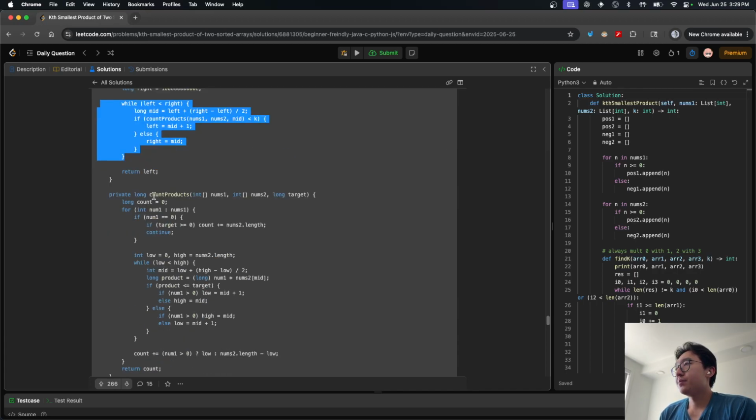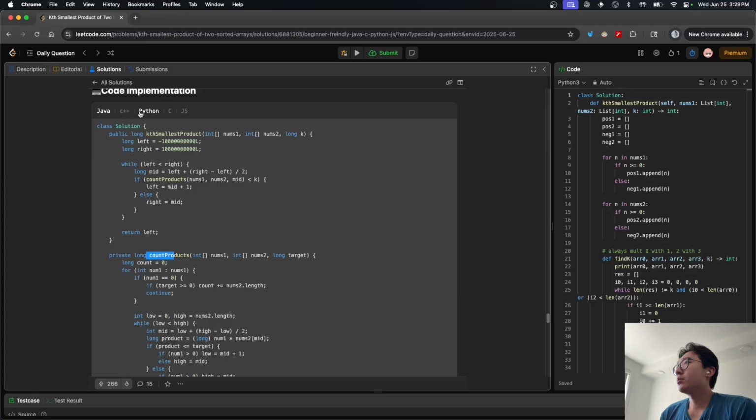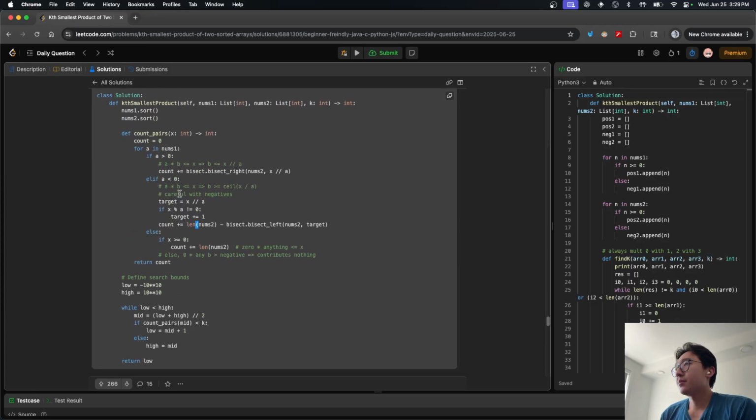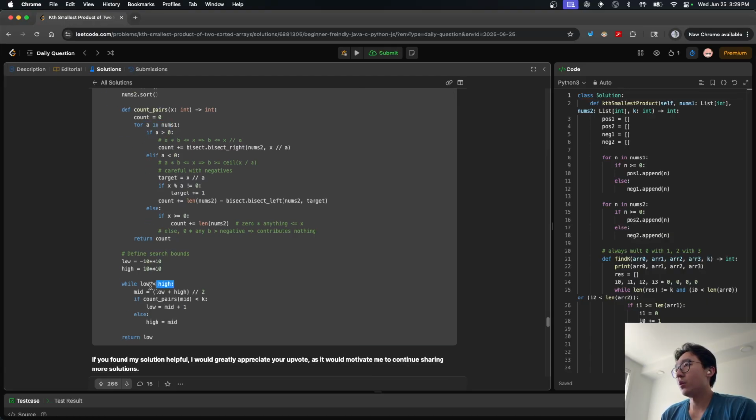Why am I using, yeah, okay. So count pairs. While high is greater than low, okay, that's fine. Now this is what's getting me. Count pairs.